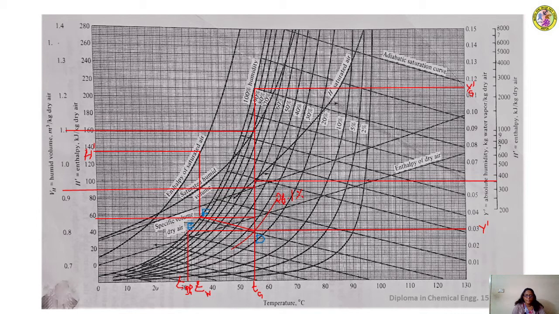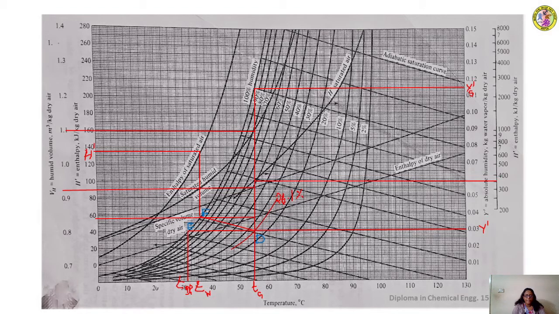Then the line of dry bulb has been extended so that you can find out the humidity of the sample at its saturated condition.